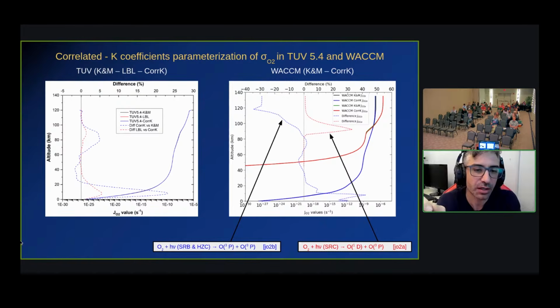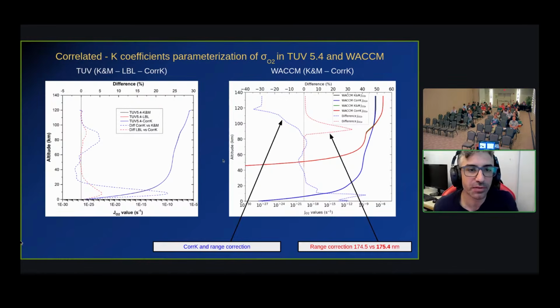We know that WACCM divides the J values of oxygen into JO2a and b, depending on the products of the reaction, and we know that in WACCM a typo still persists in the Cooper and Murtagh range parametrization. We need to correct the first value of the intervals.